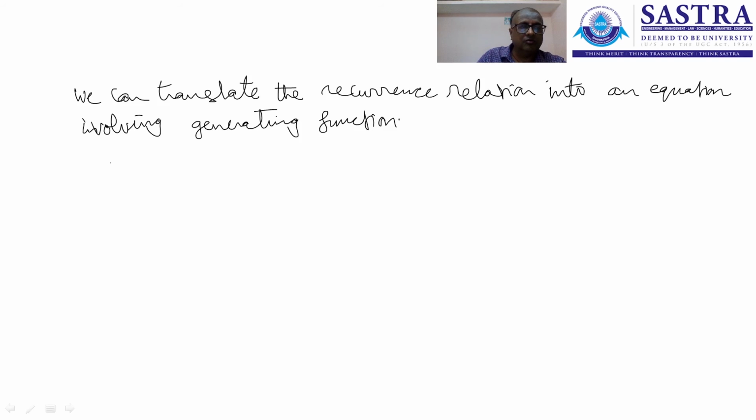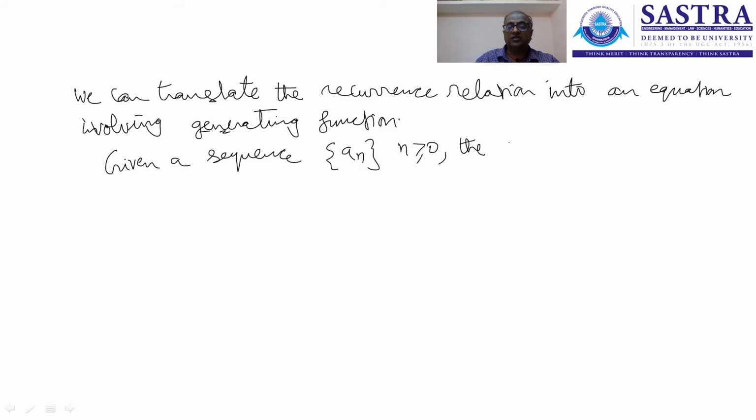Okay, so now given a sequence, let me write like this. Given a sequence a_n, n greater than or equal to 0, how do I form the generating function?